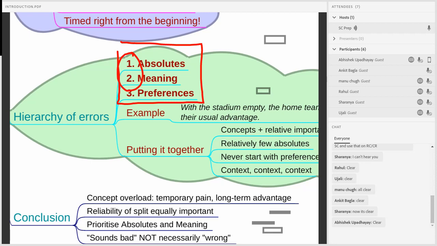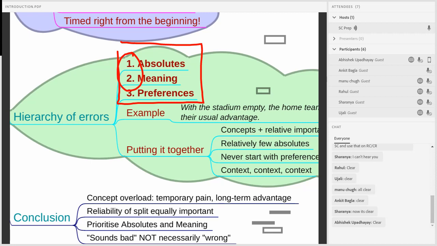And those of you who've tried solving SC questions would agree that understanding the meaning of the sentence, then understanding what the author wants to say, and then understanding the meaning of each of the 5 options is a time consuming process. This is the main reason that I have put meaning below absolutes. Not because it's less important, it's just more time consuming.